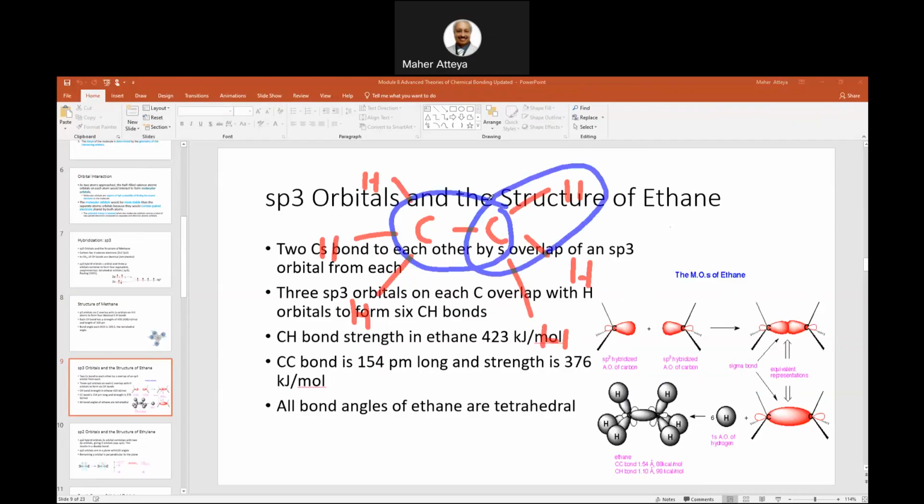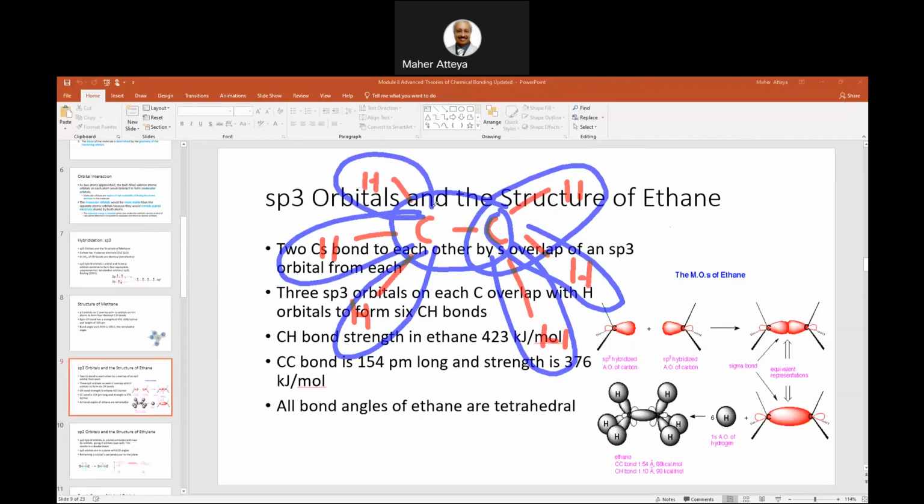Between carbon and carbon, remember, this is tetrahedral, AB4, with three terminal hydrogens and the rest as another group.